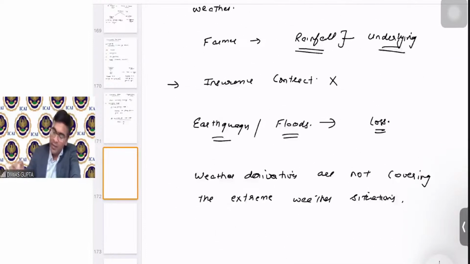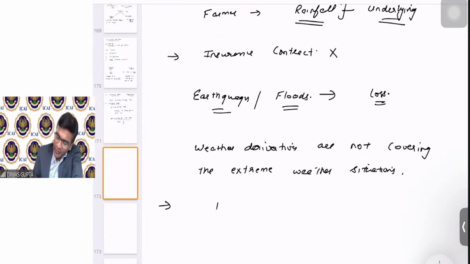Okay. One more important point to be noted here is that till now, students, whatever derivatives we were discussing were covering the price or value of an underlying, or let's say of any asset.